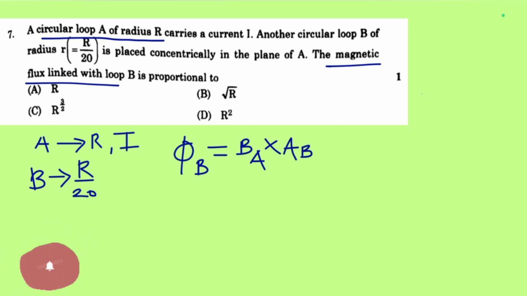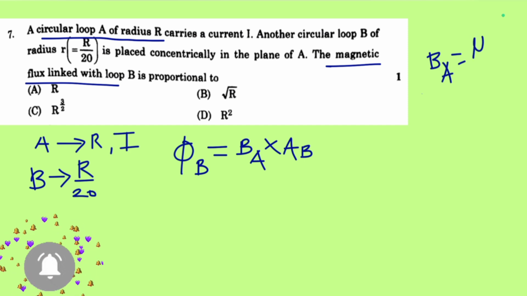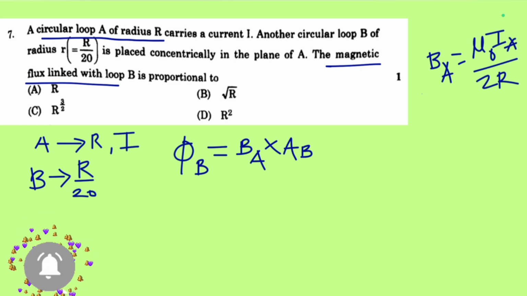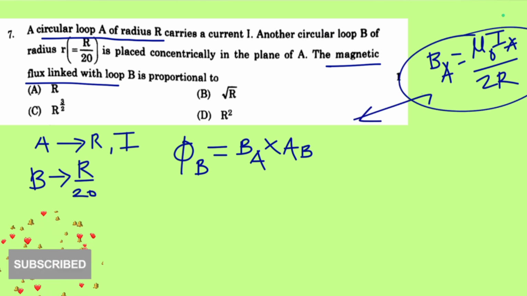The magnetic field related to loop A should be mu naught I upon 2r. What is r? r is the radius. So by using this relation we will put the values here.